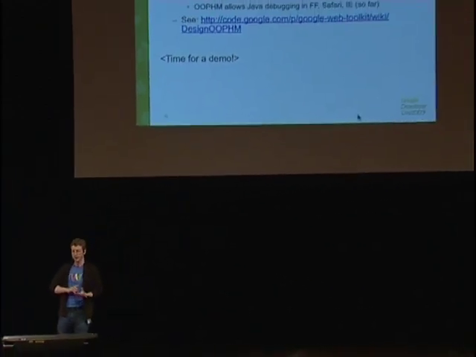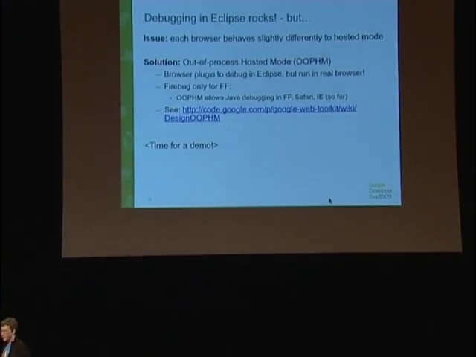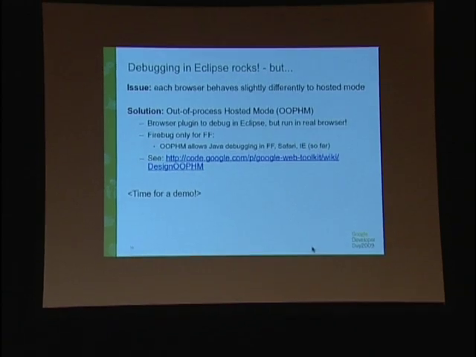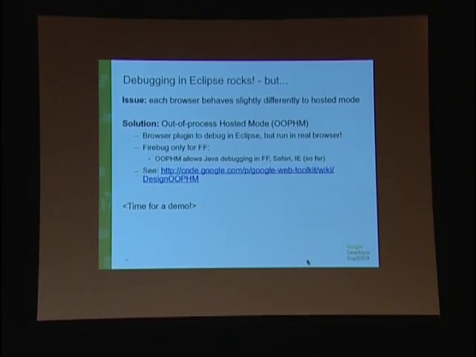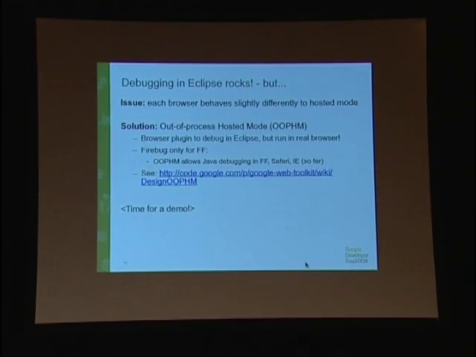And then GWT came along with what's called out-of-process hosted mode. At the time, the GWT debugging environment was a hosted browser based on Mozilla, and you could set breakpoints, you could change the code, refresh, and that was all fine for debugging things that behaved like Mozilla.